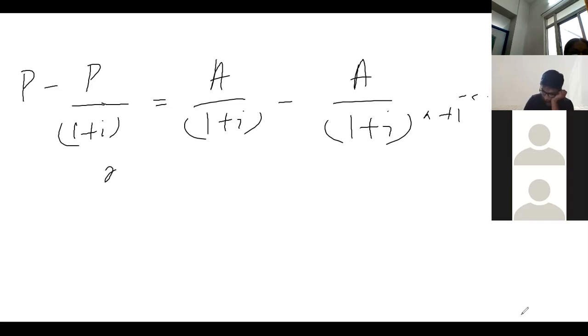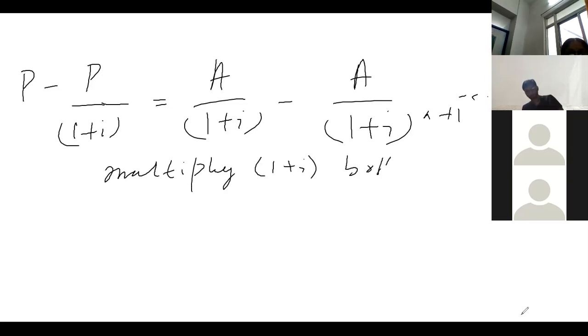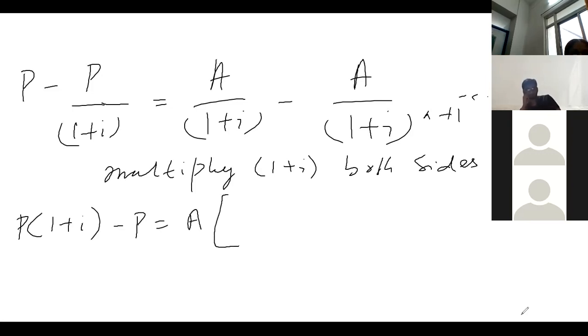Just to bring it to form, I now multiply 1 plus i on both sides. So what I'll get is P(1 plus i) minus P equals A taken common, times 1 minus 1 by (1 plus i) to the power n.